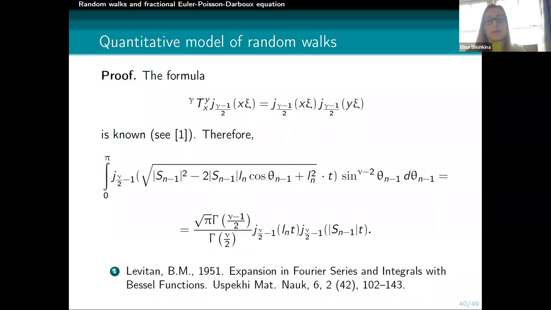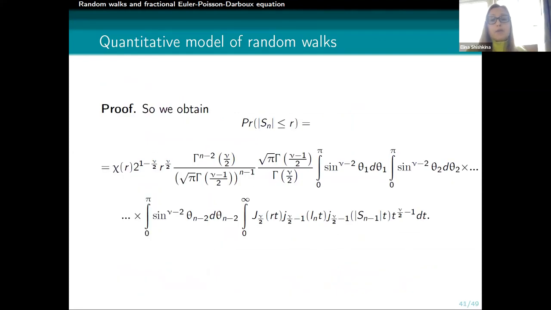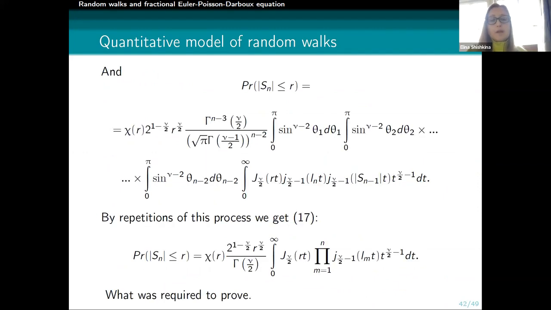This generalized translation connected to the Bessel operator was probably the most famous in this theory, because it is not very complicated, and we can generalize all harmonic analysis using this generalized translation instead of regular translation, the regular shift. If we do it, we obtain only one integral instead of n integrals. And here we obtain the product of our Bessel functions.